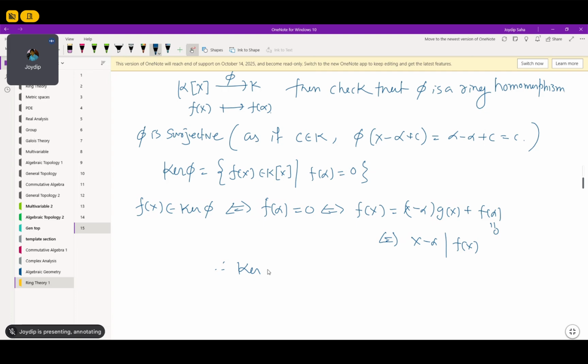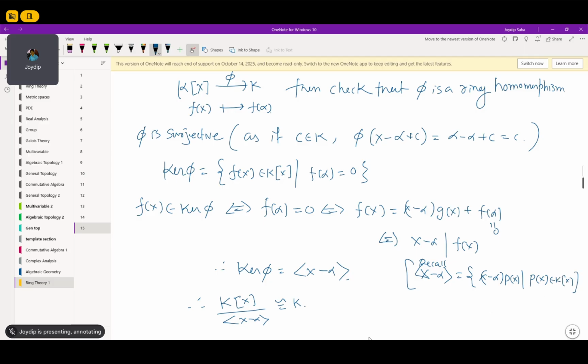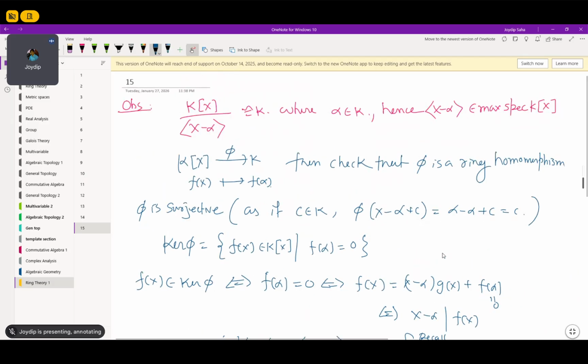So the kernel of phi is exactly the ideal generated by x minus alpha. So k[x] quotient the ideal generated by x minus alpha is isomorphic to k. The ideal generated by x minus alpha is x minus alpha into some p(x), such that p(x) belongs to k[x].